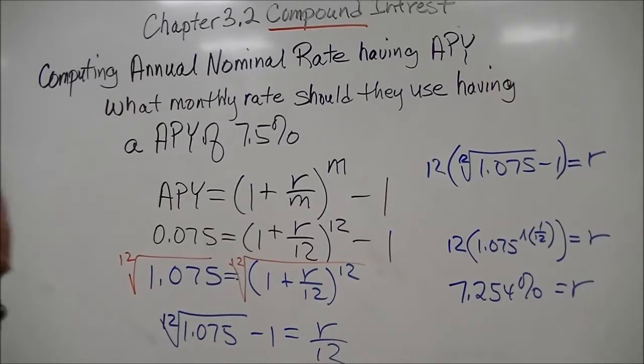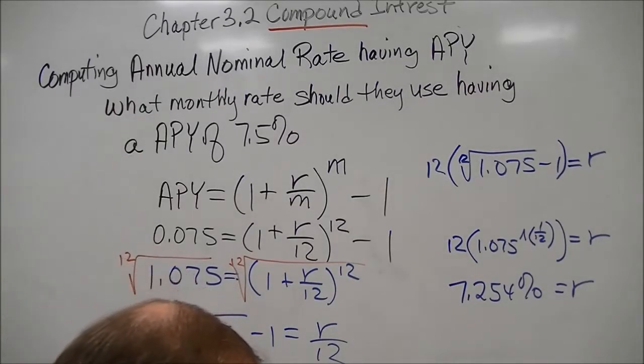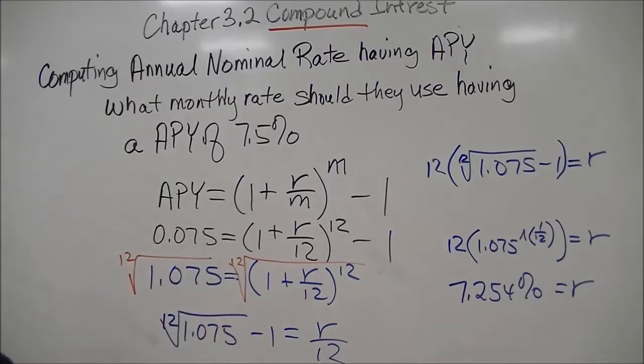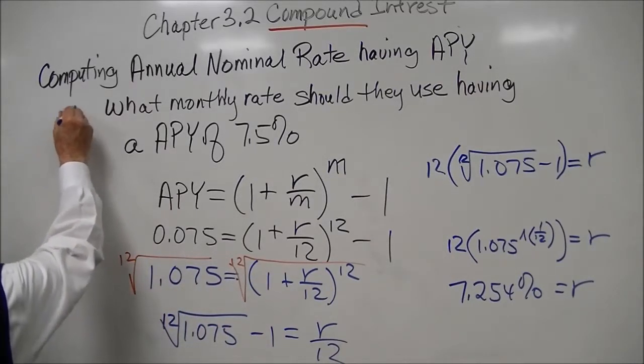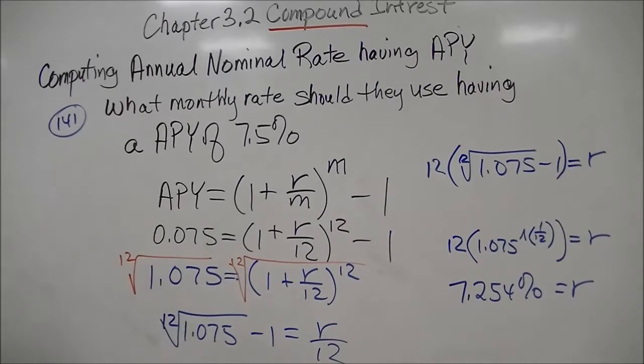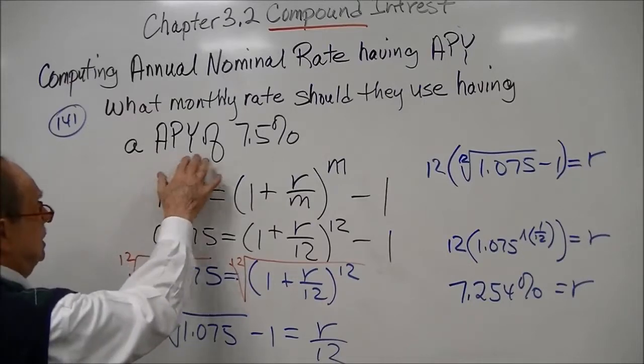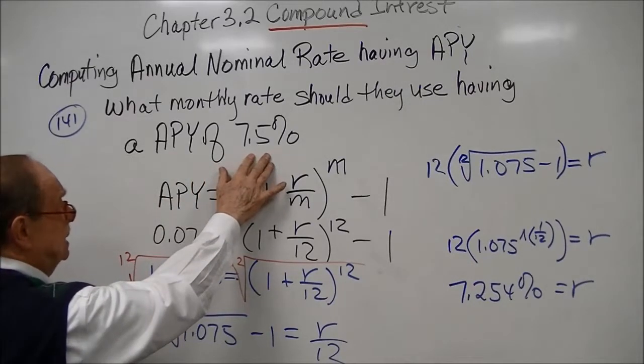For our last example, and this is on page 141, here we want to do some computing of annual nominal rate having the APY of some amount. Now, a bank wants to issue a CD that they want to have the annual percentage yield of 7.5%.